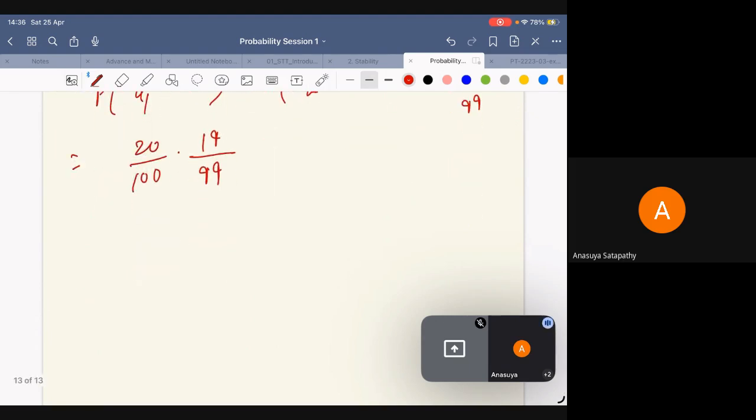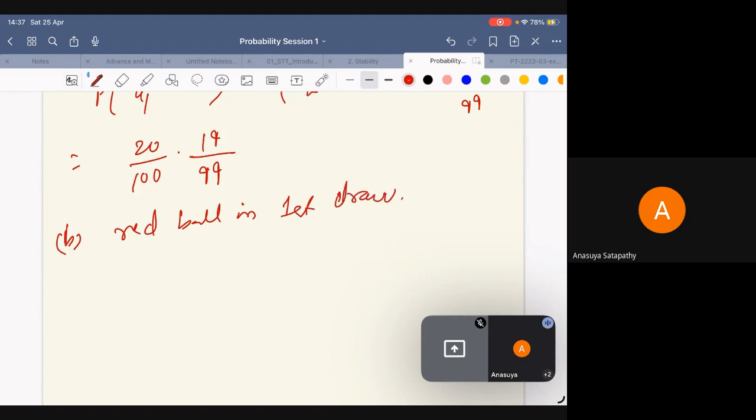Now if I ask one more question, what is the probability of getting a red ball just in the first draw? Option B is red ball in the first draw; the second draw, I don't care.